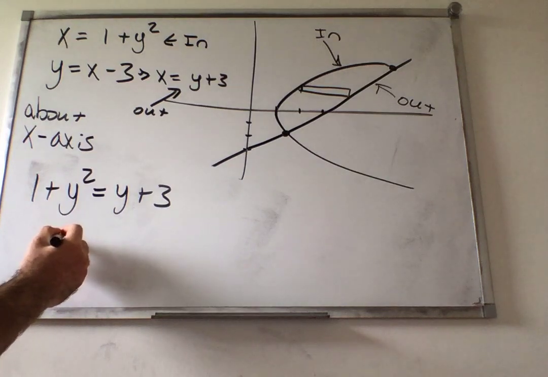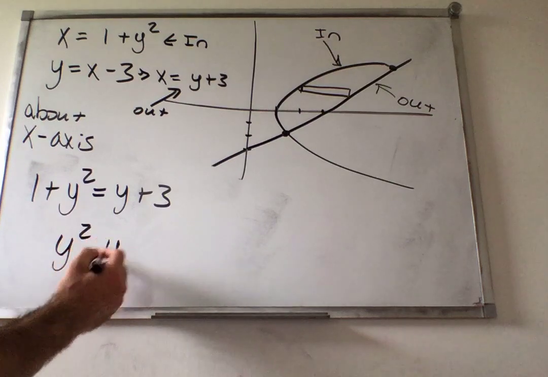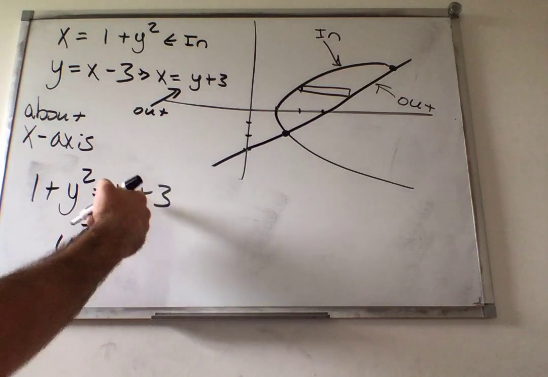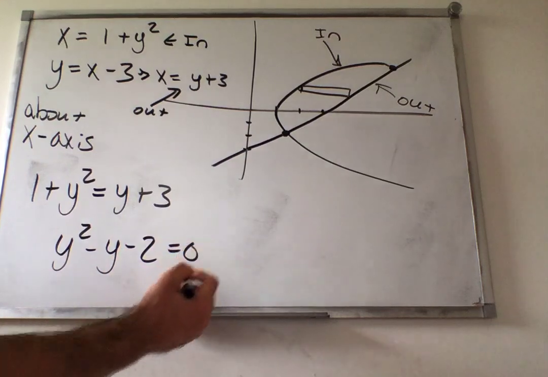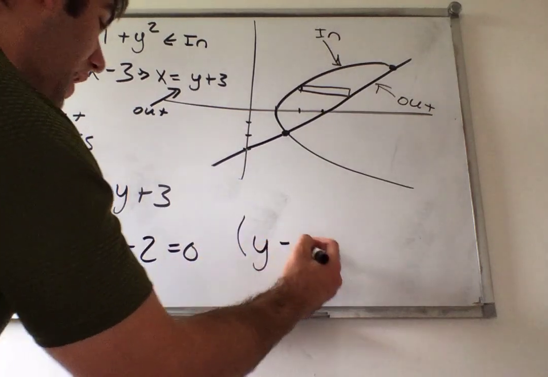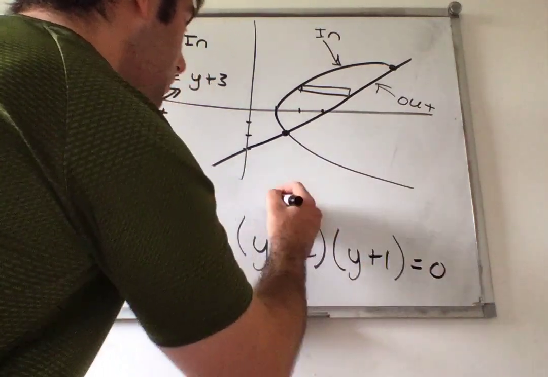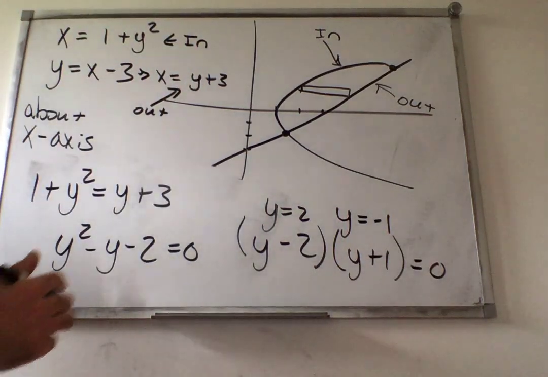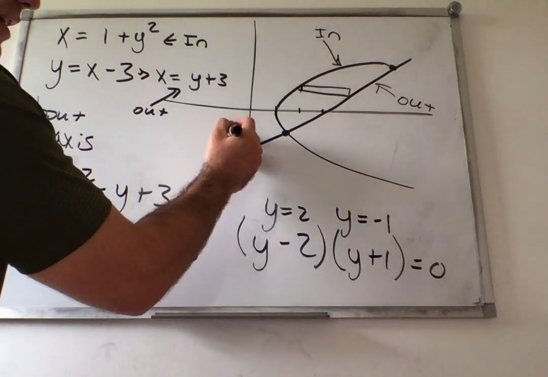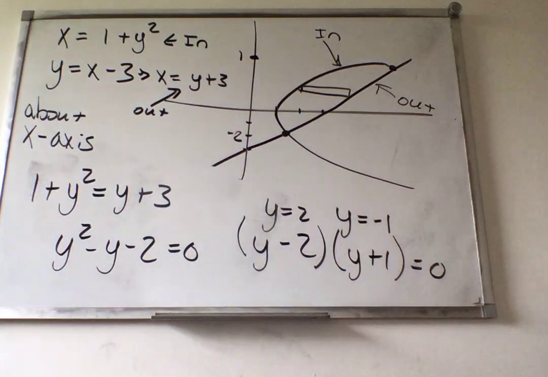If I were to get everything equal to 0, y squared minus y minus 2 equals 0. Factoring, you get y minus 2, y plus 1 equals 0. So y is equal to 2 and y is equal to negative 1.